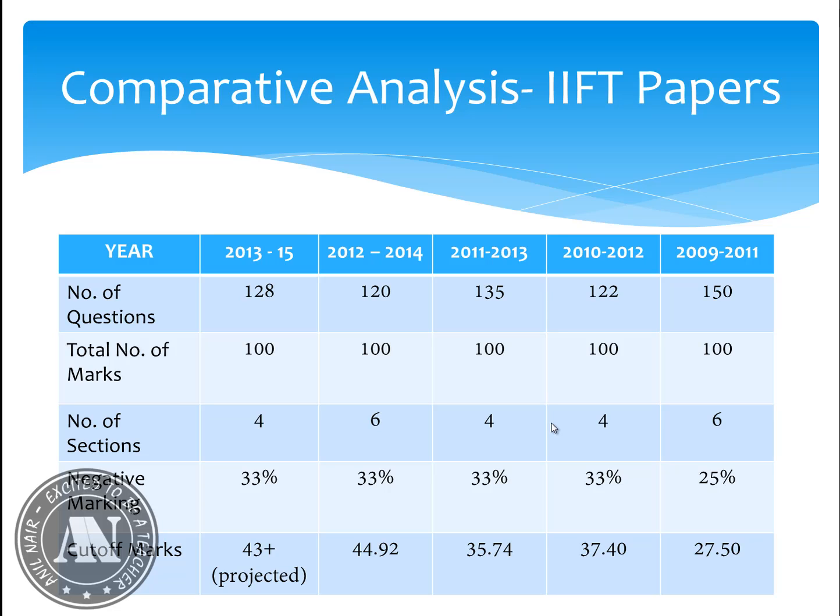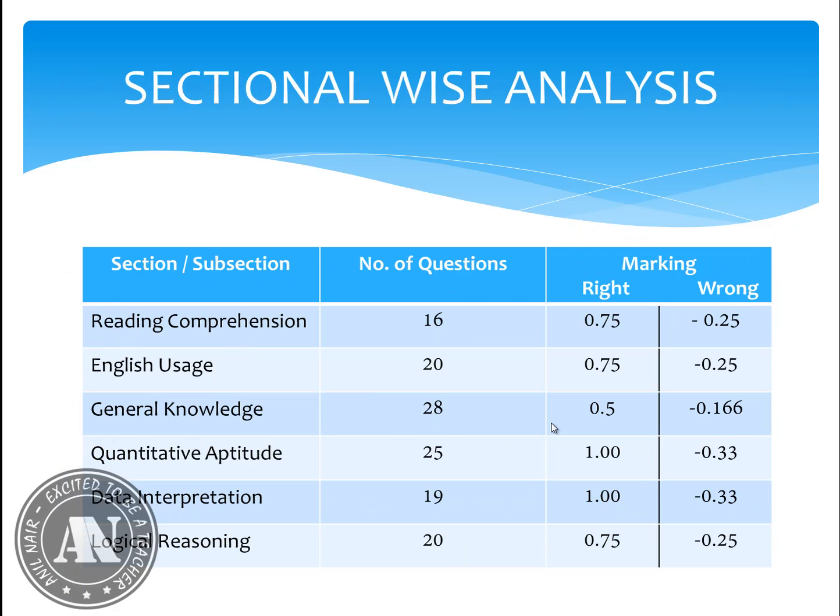This is an IIFT comparative analysis paper. It's self-explanatory. Section-wise analysis. There are about 6 sections on which questions were asked. There were 2 sections which had 2 more subsections included: reading comprehension, English usage, general knowledge, quantitative aptitude, data interpretation, logical reasoning.